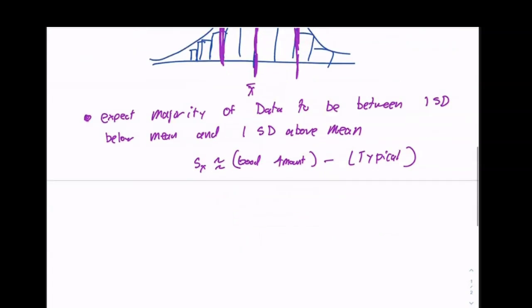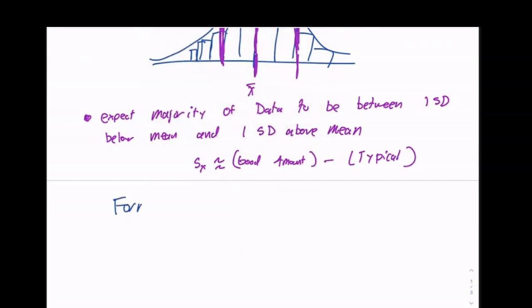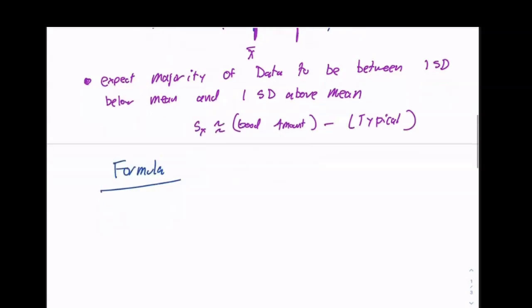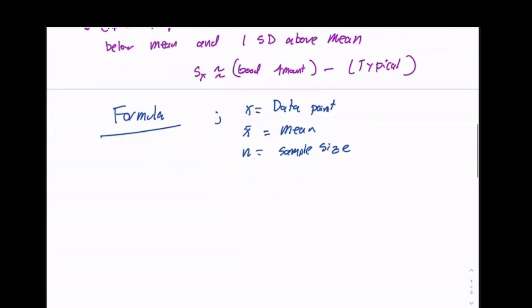Now, the formula. Remember, before, x equals a data point, x bar equals the mean, n equals the sample size. In calculating the standard deviation, we first need to start with x minus x bar.